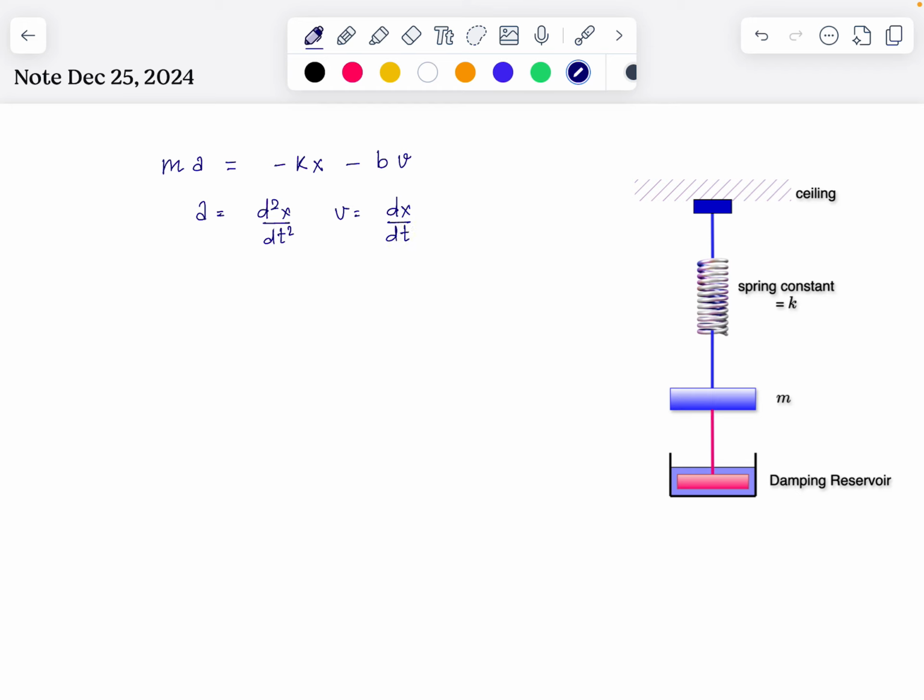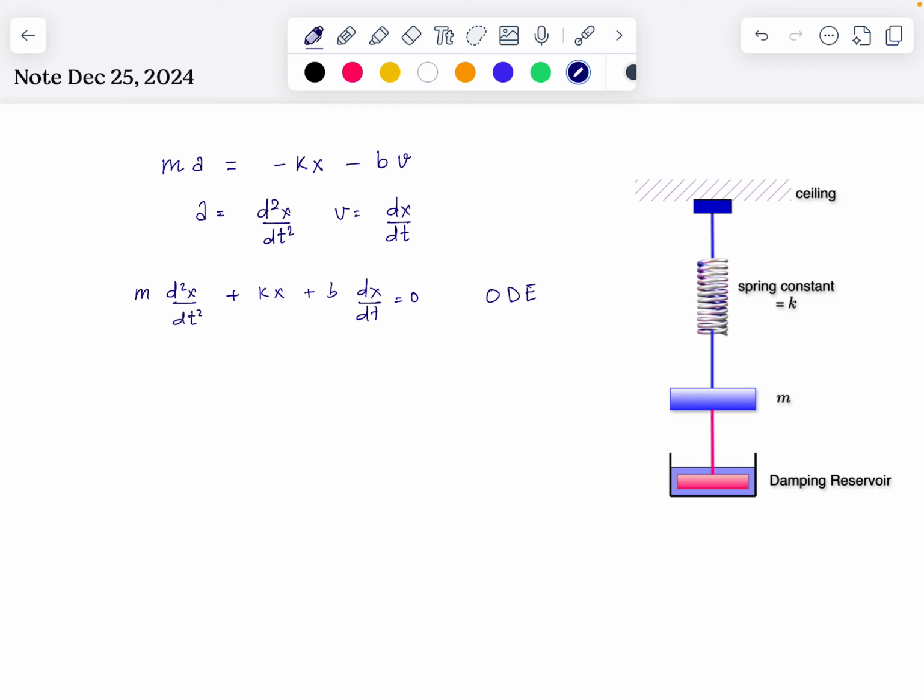So we have this equation: m times d2x by dt square plus b times dx over dt plus k times x is equal to 0. This kind of equation is called a differential equation, and particularly it is called an ordinary differential equation, or an ODE.